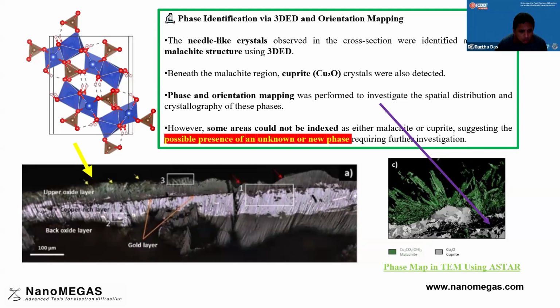Just close to the gold layer, there was another phase which we were not able to identify. So there is an unknown phase hidden in this complex corrosion material. Basically, two phases were identified: malachite on the top, below it cuprite, and then an unknown phase.